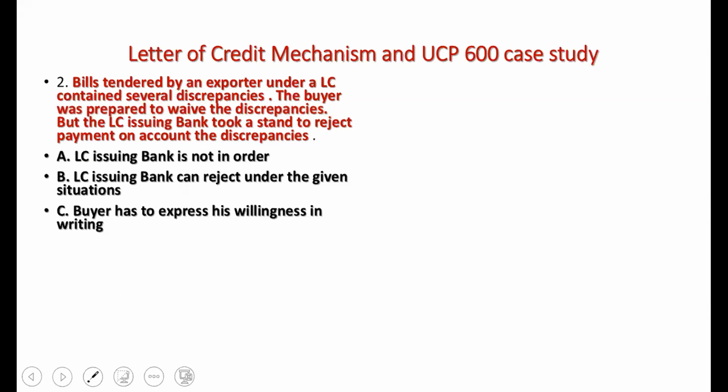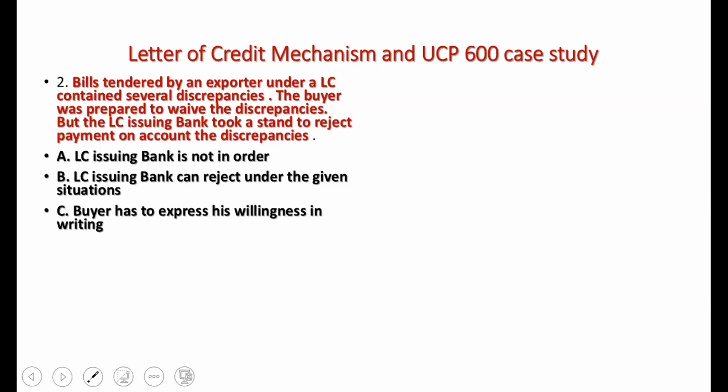For example, the latest date for shipment is 15/7, but the exporter has done it on 16/7. So it becomes a discrepancy, a deviation. So you talk to the buyer. The buyer told, no problem. They will give a case study like this. The buyer said, I will accept 1 day, because their relationship is good.